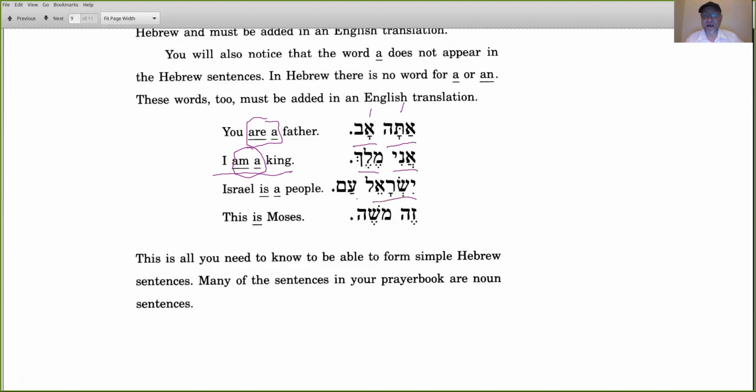Yisrael, Israel is a people in proper English. Ze Moshe, this Moses, we would add is in that sentence to make it proper in English. This is Moses. Okay, so this is all you need to know to be able to form simple Hebrew sentences. Many of the sentences in your prayer book are noun sentences.